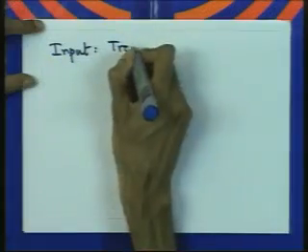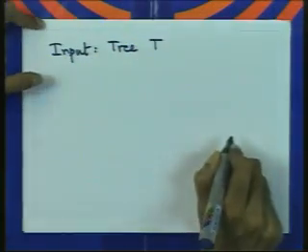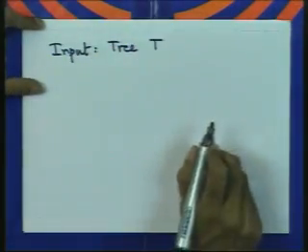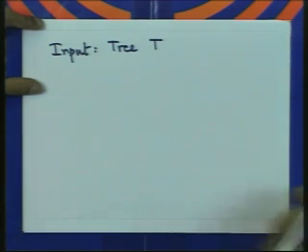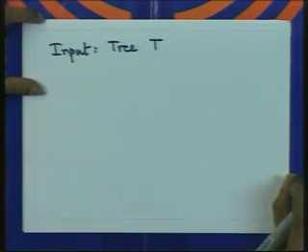For now, we'll restrict the graphs to trees. Okay, so here's the problem in totality. The input is a tree T. By a tree I mean a graph that is connected and acyclic.